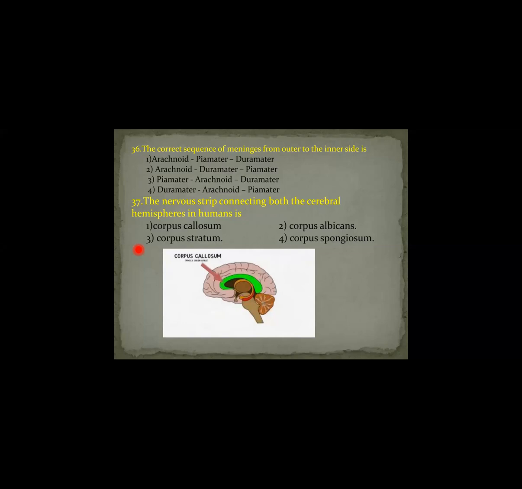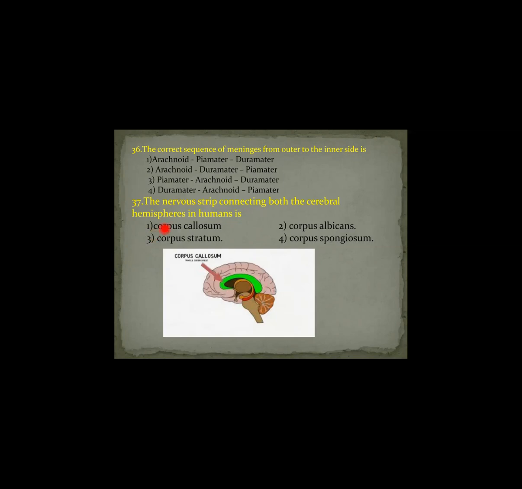Internally these two cerebral hemispheres are connected by a white myelinated nervous strip or nerve bundle that we call corpus callosum. Once again, I repeat, internally the right and left cerebral hemispheres are connected by a white myelinated nerve bundle called corpus callosum. Therefore, the answer is the first option, corpus callosum.